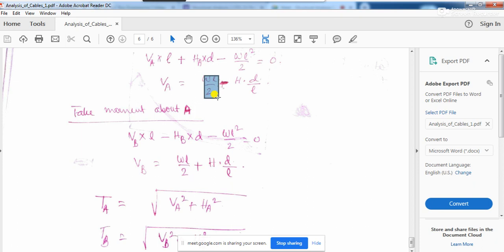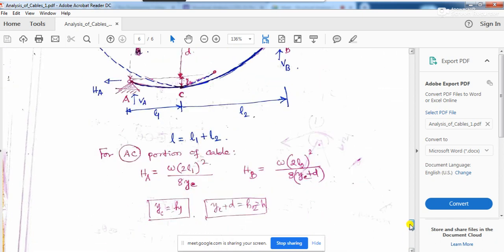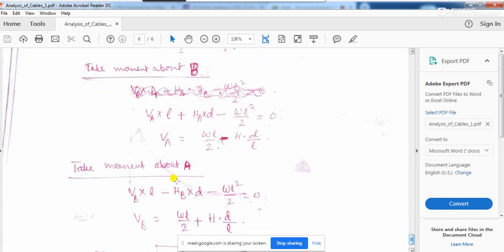But when the supports are at different levels, you observe the reaction at the lower support, and you should be very cautious about it. Don't get confused. At the lower support, the reaction will be lesser. So it will be WL by 2 minus H into D upon L. What is D?